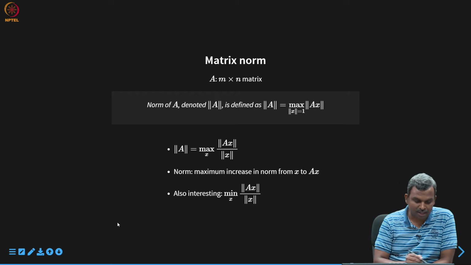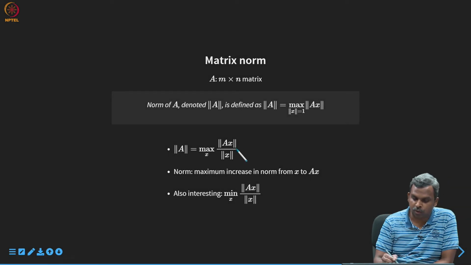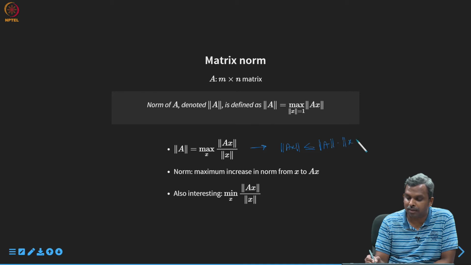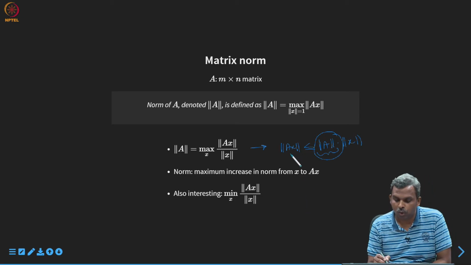There's another way to write this. People write this also differently. So this implies norm AX is less than or equal to norm A times norm X. If you know what norm A is, it plays this kind of a role. Quite often you want to know, after operating with A, how bad can my norm be, how big can my norm be.